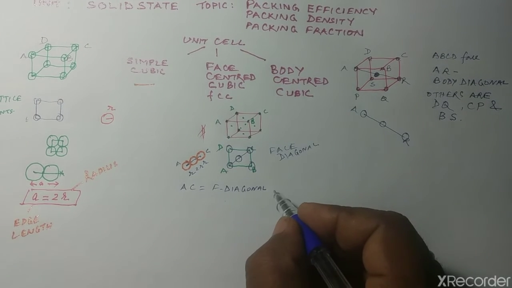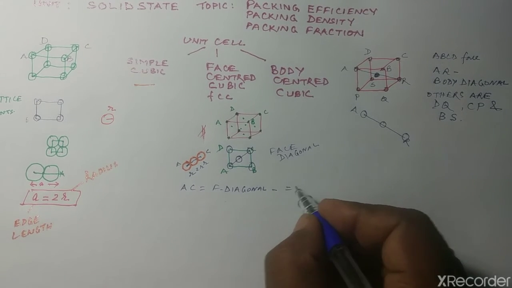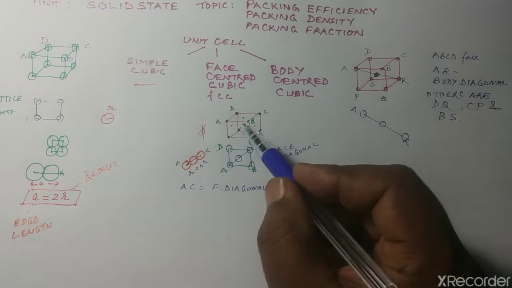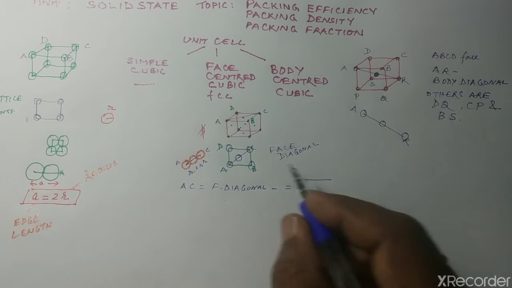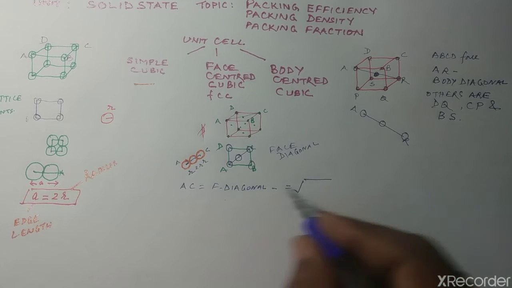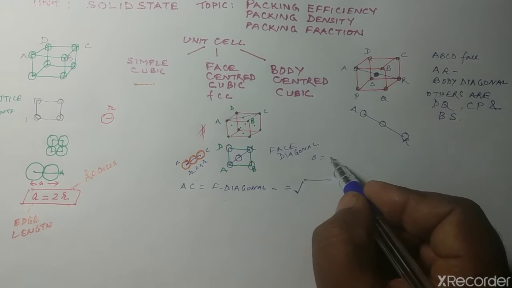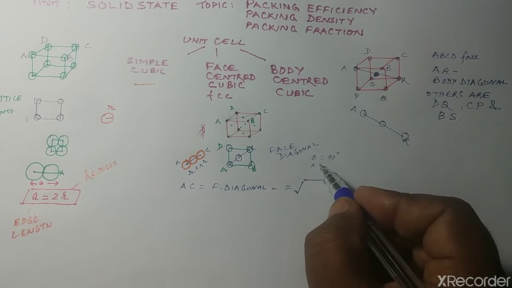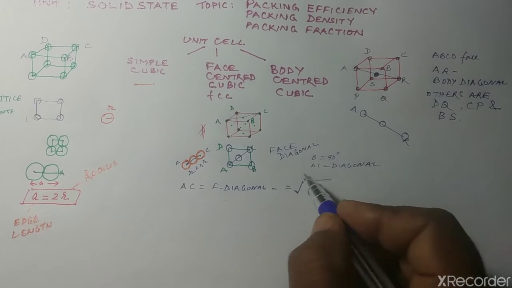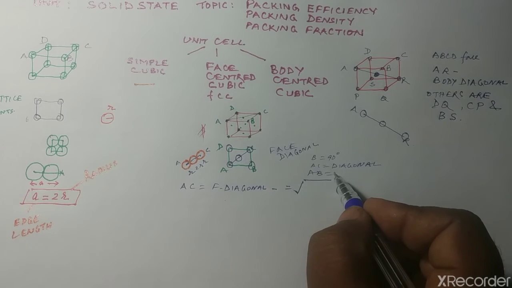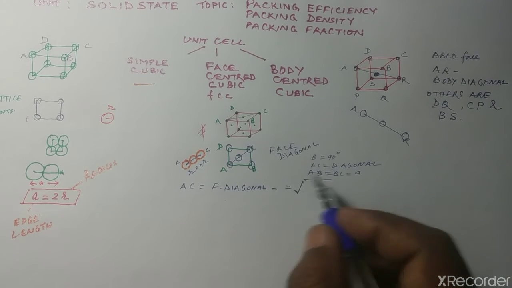Face diagonal can be determined by Pythagoras. In triangle ABC, B is 90 degree, AC is diagonal, and AB equal to BC is equal to A. So apply Pythagoras.